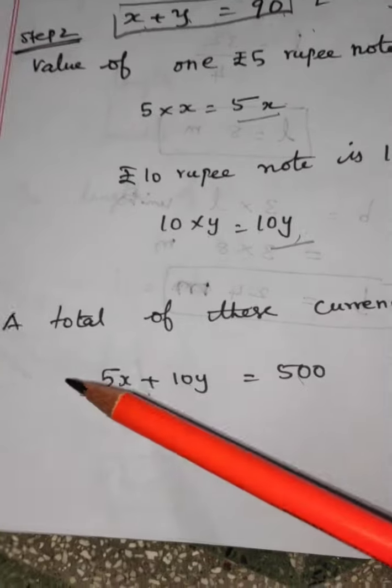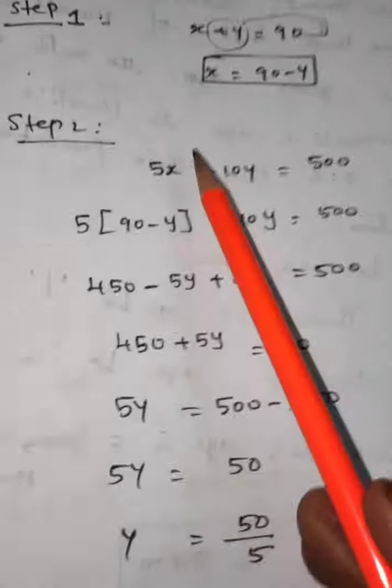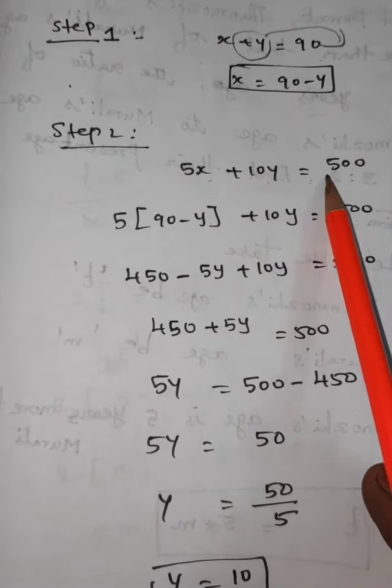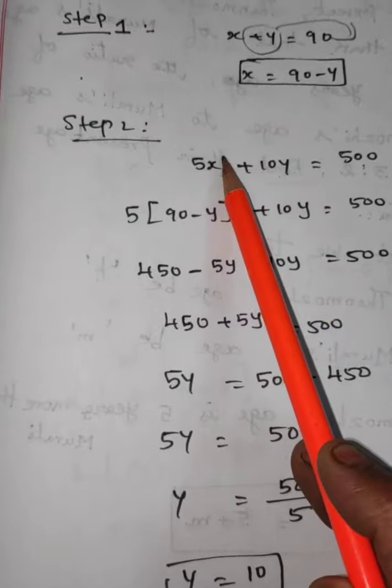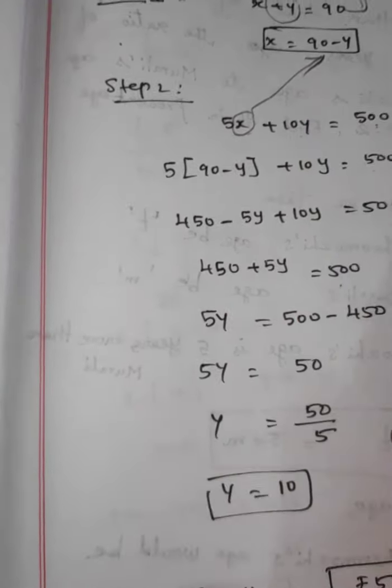Step 2: 5x plus 10y equal to 500. First write this one. Now instead of x, substitute the value 90 minus y.